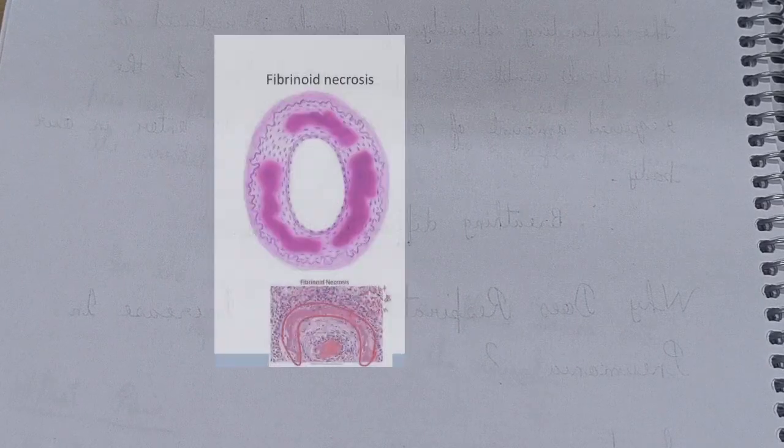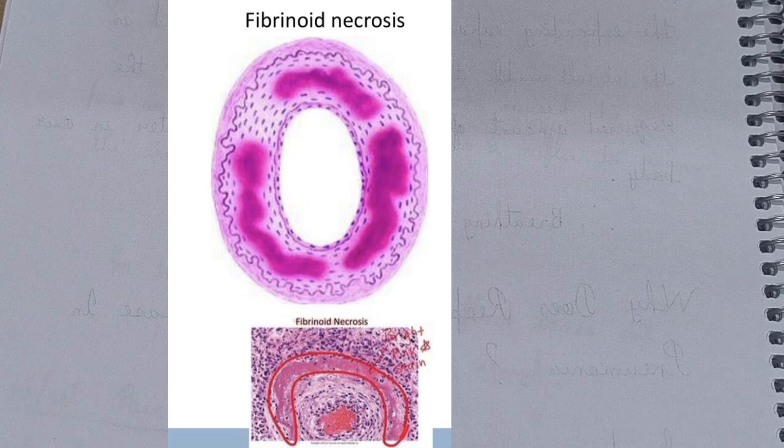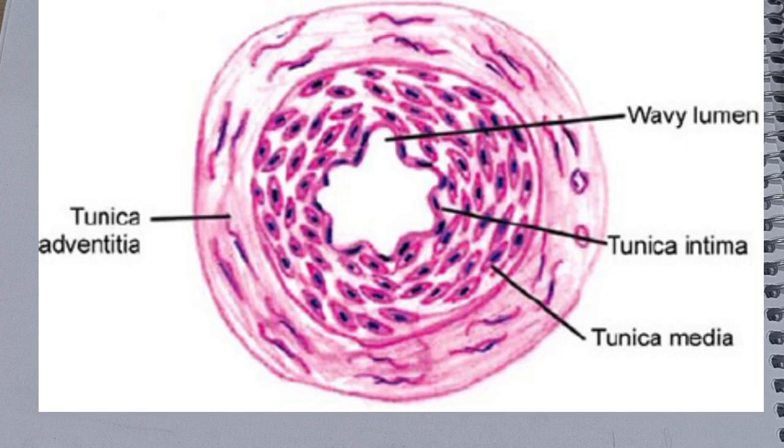So friends, now I'm going to discuss fibrinoid necrosis. But before discussing fibrinoid necrosis, please see the normal structure of the wall of a blood vessel. Normally, in the wall of a blood vessel there are three layers present: tunica intima, tunica media, and tunica externa.